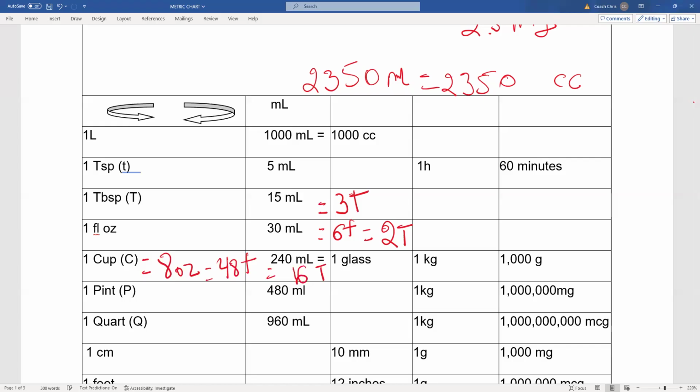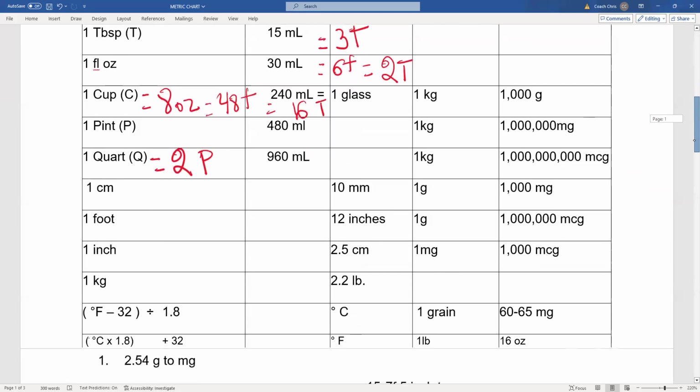So we can conclude 1 quart equals 2 pints. This is how you can remember it. When you have 2 pints, you have the value of 1 quart, because 1 quart is 960 milliliters. All right. So let's keep moving before we do some exercises.